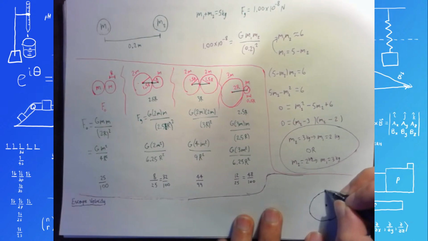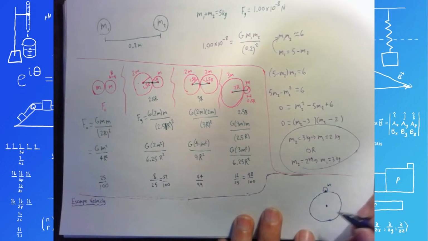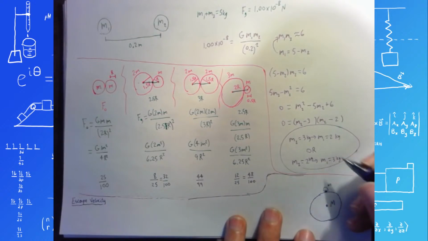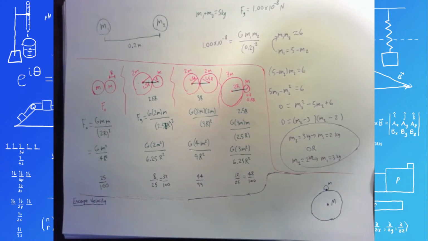So here's the object. It starts on the surface of Earth, and it has a mass of m. The mass of the planet is big M, and we want this thing to completely escape the gravitational field. Well, technically you don't actually escape the gravitational field of an object until you're so far away that the gravitational force between you and the object is negligible.